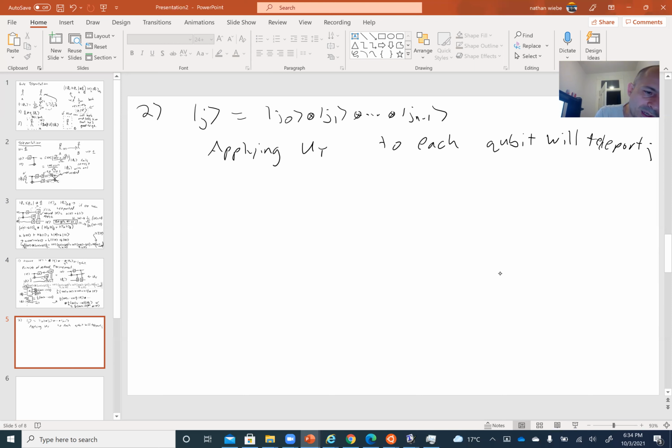So now, what if the state that Alice wants to send to Bob is much more complicated? What if it's of the form sum over j, a_j, |j>?